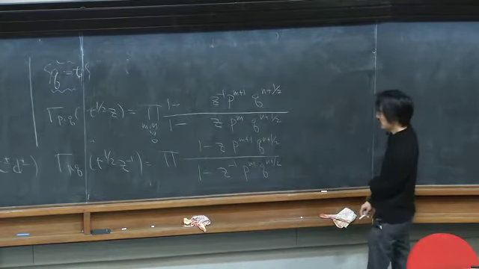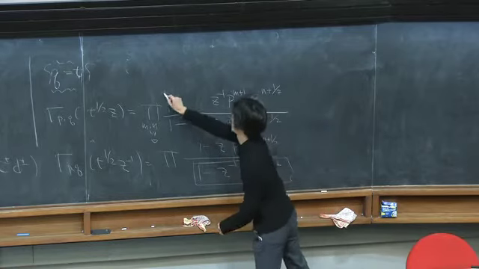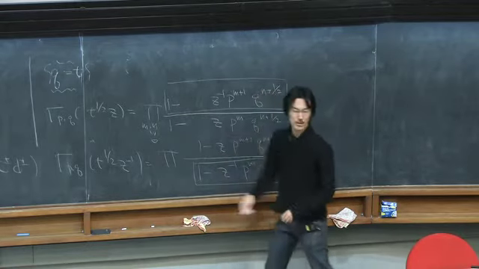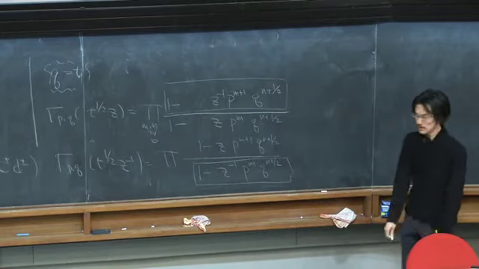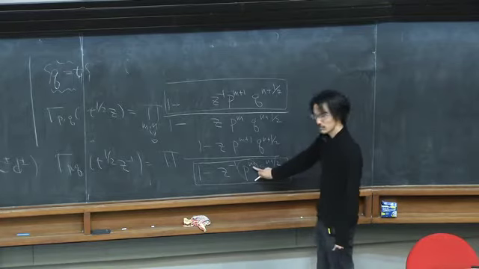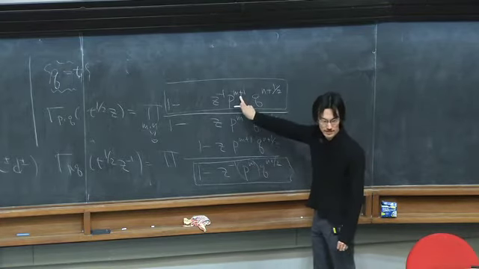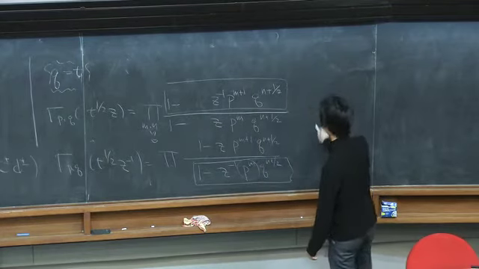You immediately see that this part of the infinite product and this part of the infinite product almost completely cancel. The only difference between this and that is that here the product runs from 0 to infinity, here the product runs from 1 to infinity. So there's an almost complete cancellation.